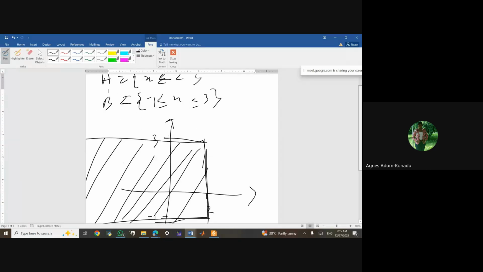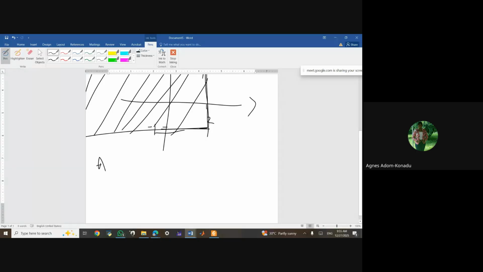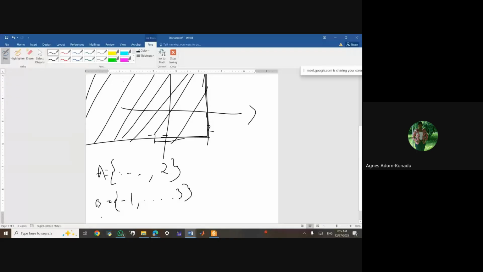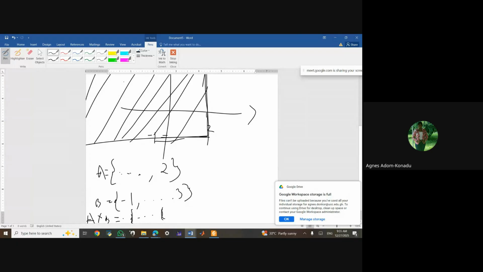My set A will be starting from infinity to 2 like this. And then my set B will be from -1 up to 3 like this. So for A cross B, you have some points before you start with the sets.